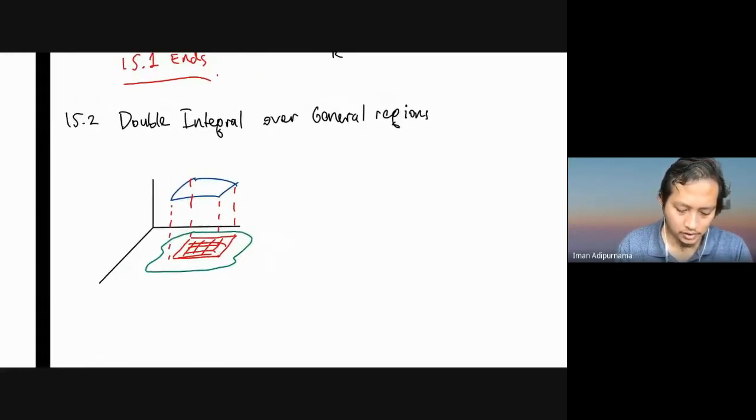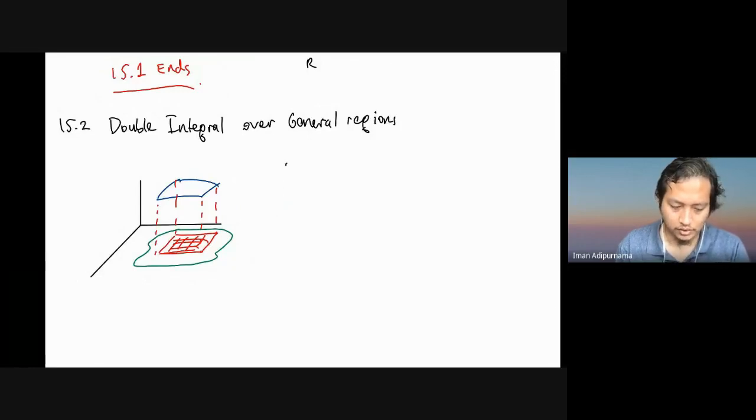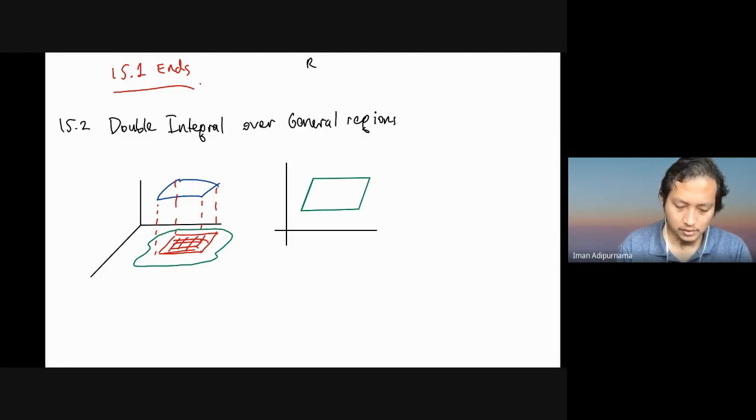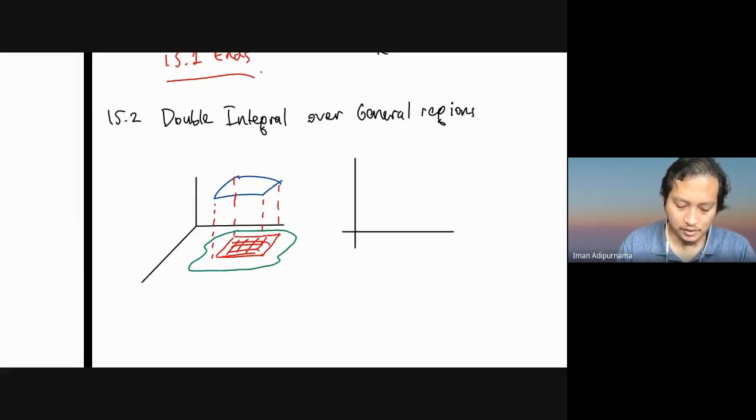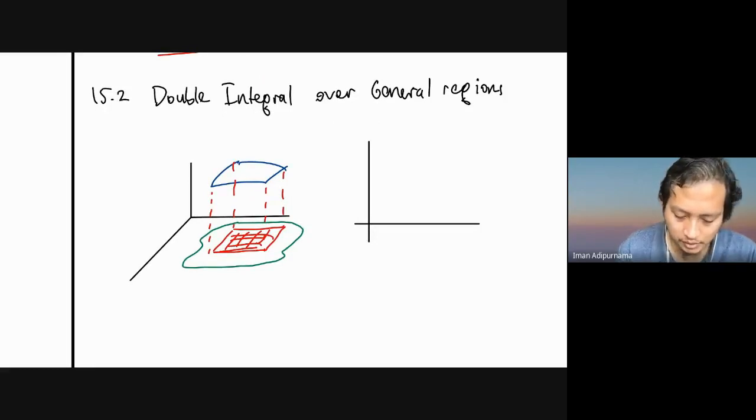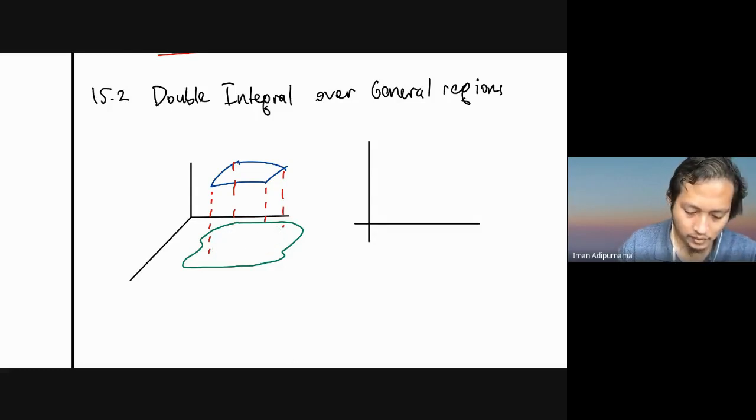If I make it into 2 dimensions, let me change the graph, because it's too obvious that this is a rectangle. And let's change the surface like that.